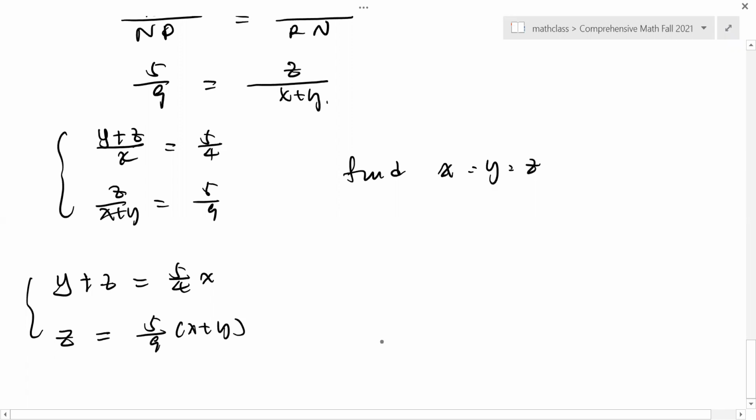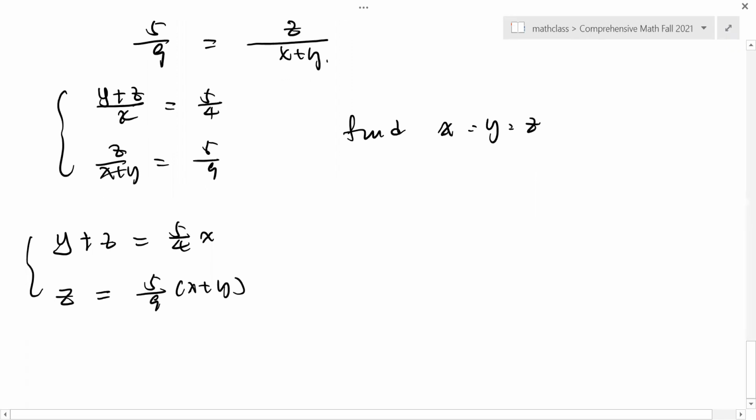I think you have 3 equations and 3 unknowns. You can solve for x and y in terms of z, then you can find the ratio. Let's express z and y in terms of x.